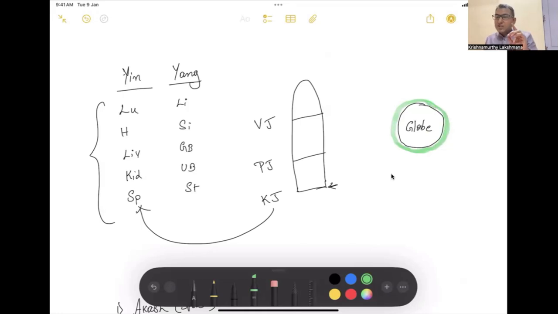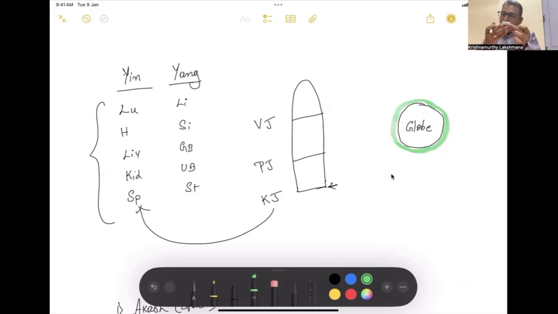Say I have a pen. What is Akash? The covering around the pen. And if I take the cap, what is the Akash? It is also the space inside the cap, the space around the cap, and the empty space inside the cap. That is also Akash, right?